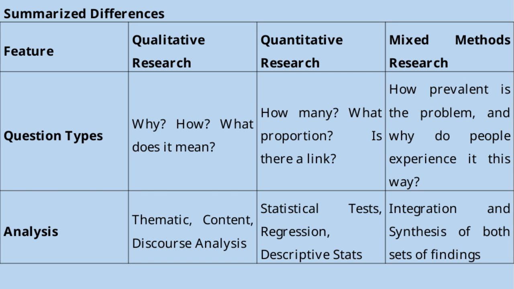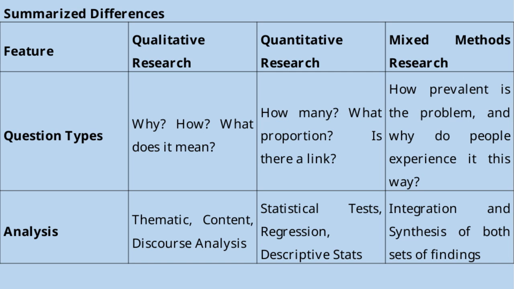Moving to analysis, qualitative methods use thematic, content, or discourse analysis, methods that interpret patterns and meanings in data. Quantitative analysis relies on statistical tests, regression, and descriptive stats to analyze numerical data. And finally, the mixed methods approach integrates and synthesizes findings from both qualitative and quantitative data, providing a comprehensive understanding.